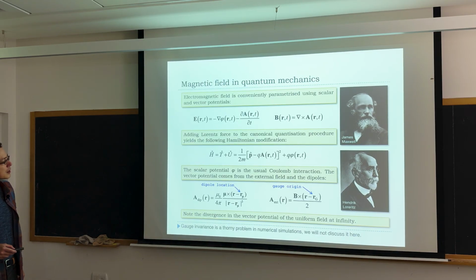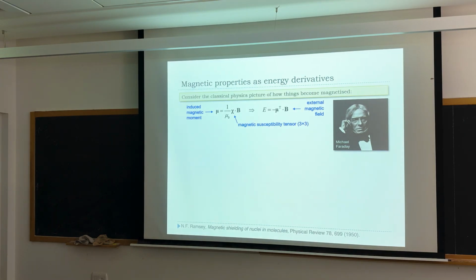They are a bit nasty, and I will mention them only here and not discuss them. But these are the two vector potentials that come from the magnet and from the nuclear magnetic dipoles.